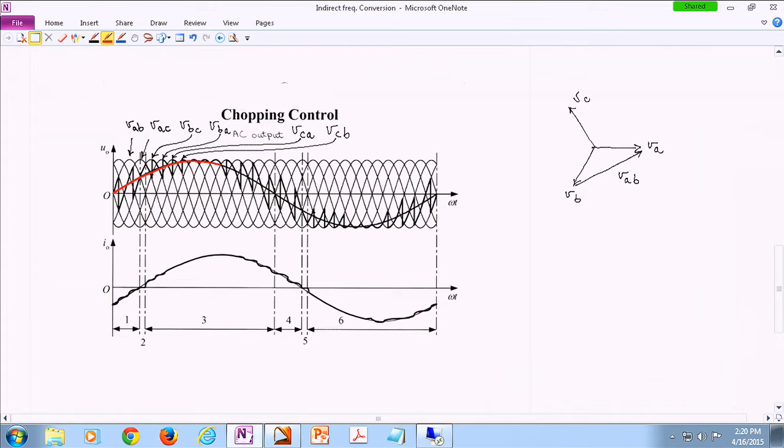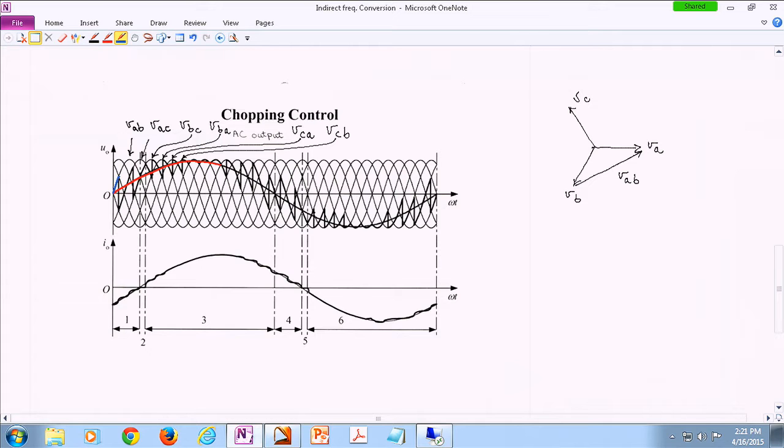So when, for instance, my output voltage is very small and for some reason my output voltage is synchronized with VAB at least at the very beginning of my graph over here, I have to follow VAB. So all I do is I turn A1 and B2 on. Therefore, my output voltage follows VAB, and that's actually shown over here. I'm following VAB. Okay?